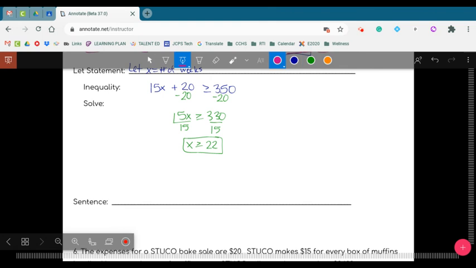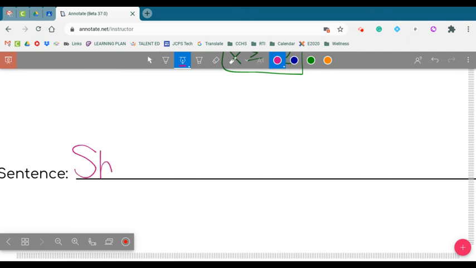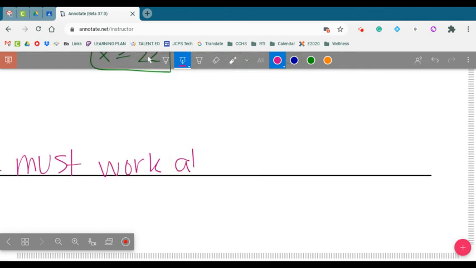How many weeks can she work? She has to work at least 22 weeks. Can she work more than 22 weeks to make more than $350? Yes. Can she work exactly 22 weeks? Yes. Can she work less? No. So she must work at least 22 weeks, and that at least word was also in our problem.